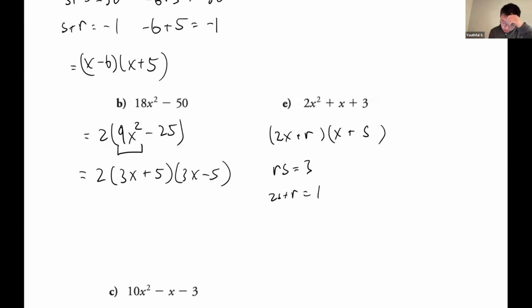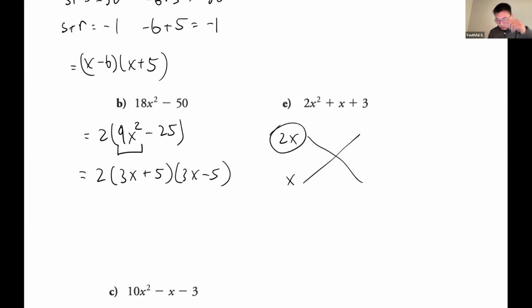So in my opinion, there's a better way of doing it, which is to do something called a crisscross method. You basically use the same idea, that you have a 2x and then an x, and then you just try different values.